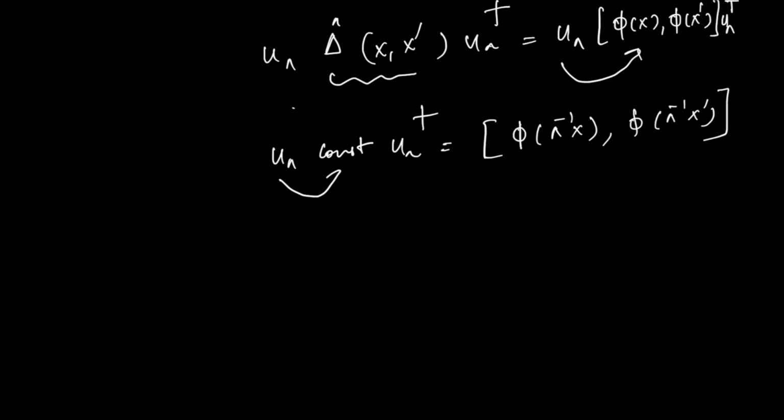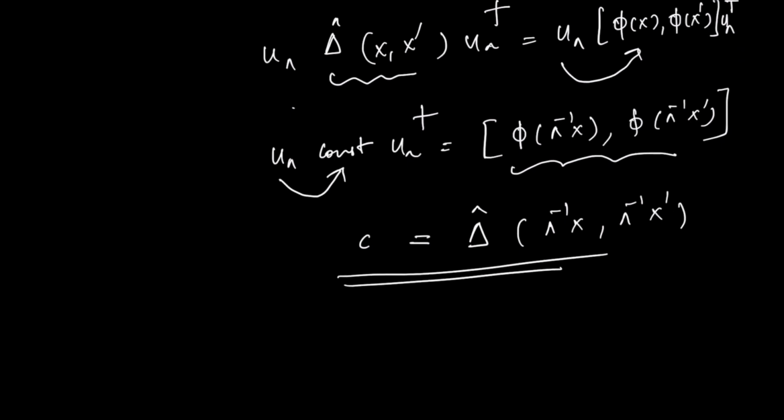So U lambda acting on a constant will be a constant. So here you have a constant equal to, so what is this? This is again a deviation, the deviation between this and this. So you can see that this deviation is also a constant. So when we make a Lorentz transformation on the deviation, actually nothing changes.